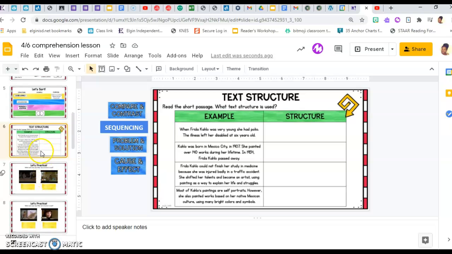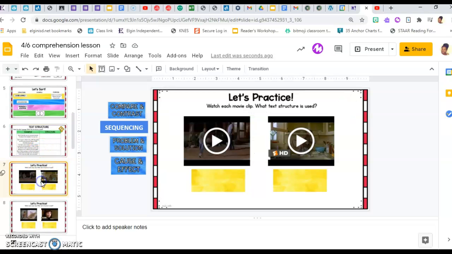Let's see, on this slide, you are going to watch the short clip, and then you're going to slide over which text structure goes right along with it. Is the short clip showing you a comparison and contrast? Is it sequencing, problem and solution, or cause and effect?